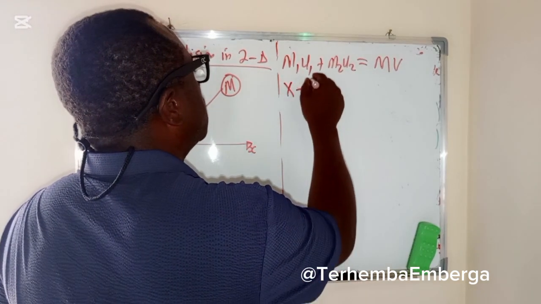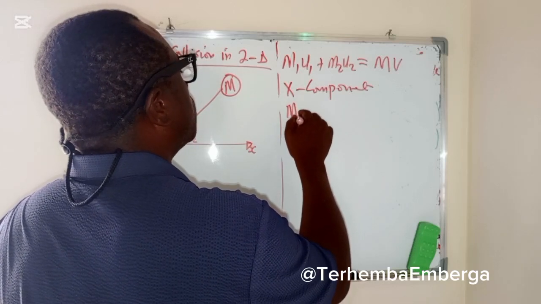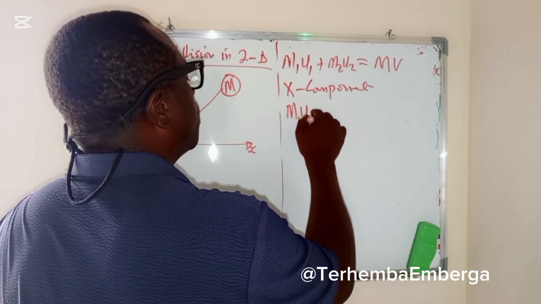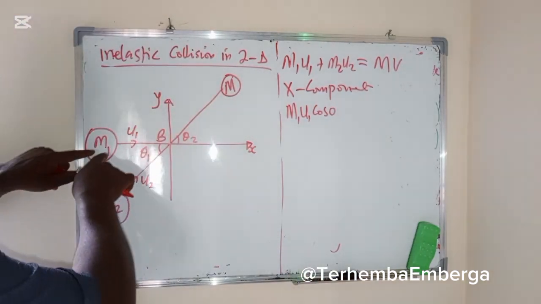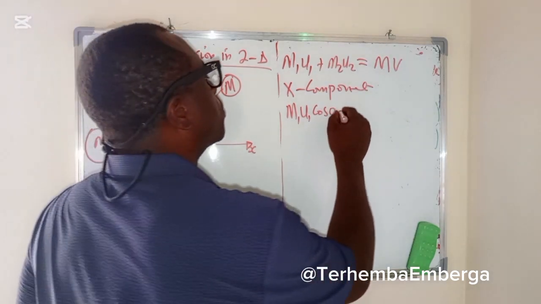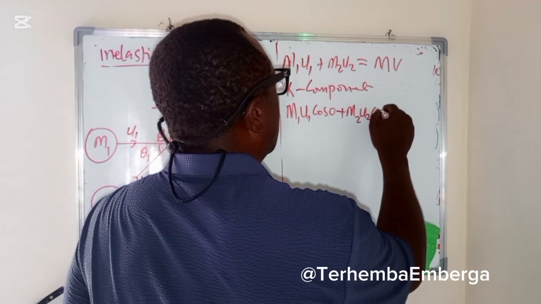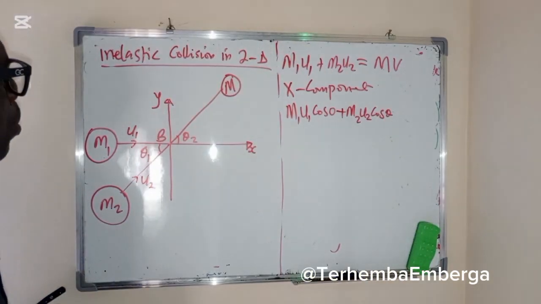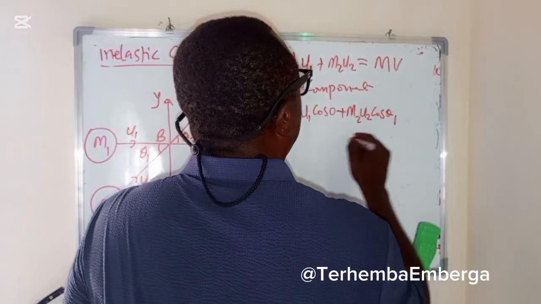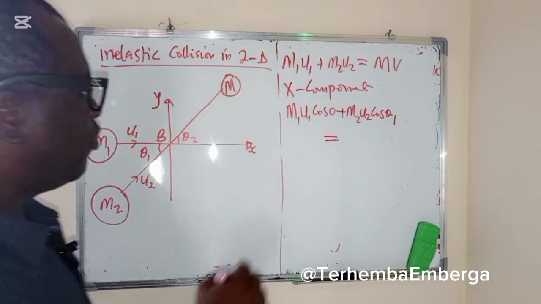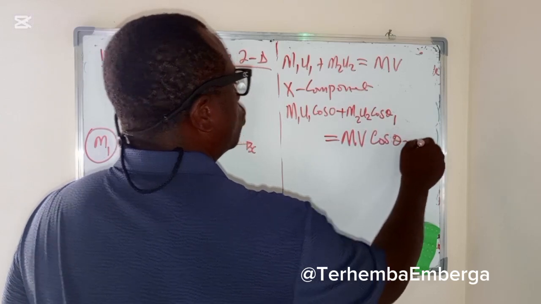So for the x component, we now say that m1 u1 cos 0, because for m1 the angle is not involved, plus m2 u2 cos θ1 equal to mv cos θ2.